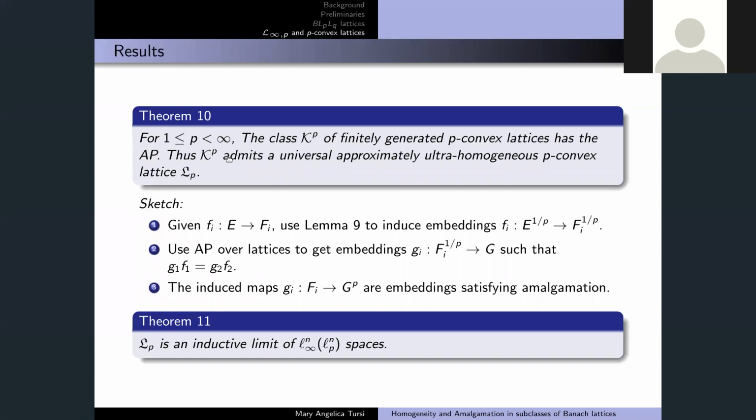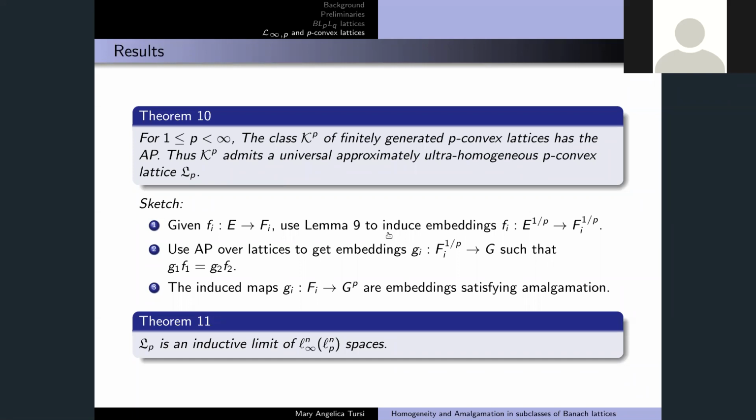Using these preservations of embeddings and the way the convexification works, all I need to do is go back to my original Banach lattices that are finitely generated, and go back and forth between P-convexification and the originals, if I needed to show that the class KP of finitely generated P-convex lattices also has things like the amalgamation property.